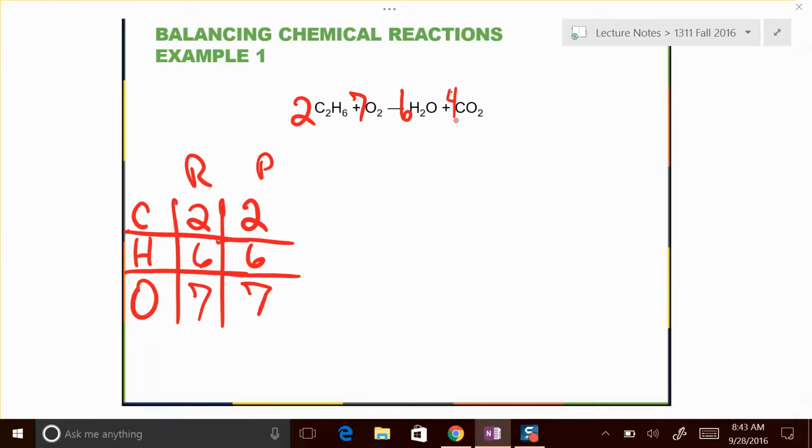All right, let's check to make sure it's really still balanced. How many carbons do I have on the reactant side? How many hydrogens? How many oxygens? How many carbons do I have on the other side?